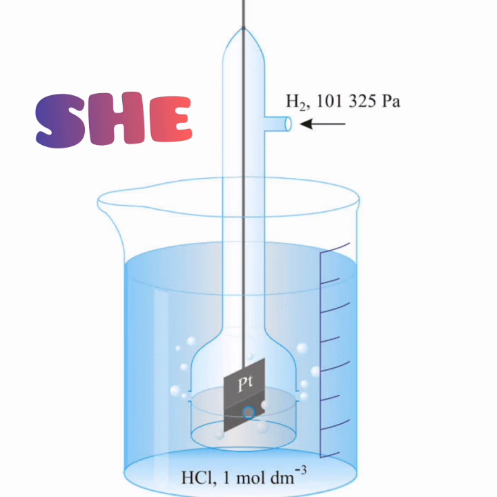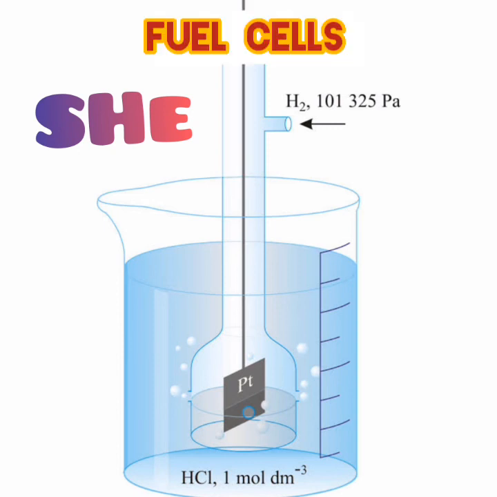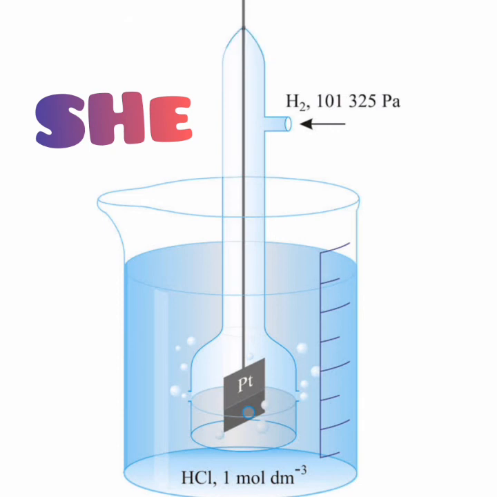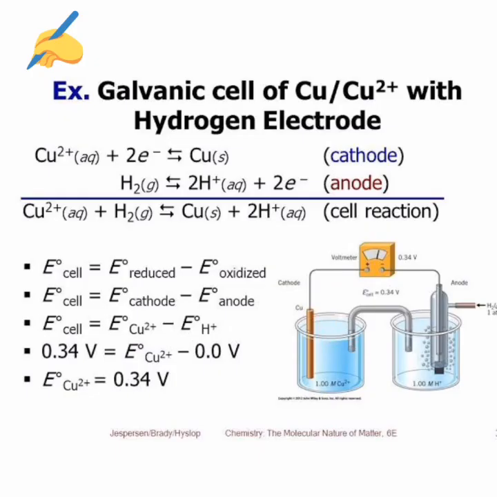The electrode is placed in an aqueous acid solution containing 1 molar H+ ions, and the acid may be any acid. Then pure hydrogen gas at 1 bar pressure is bubbled through the solution at 298 Kelvin. The electrode potential of SHE is taken as 0.